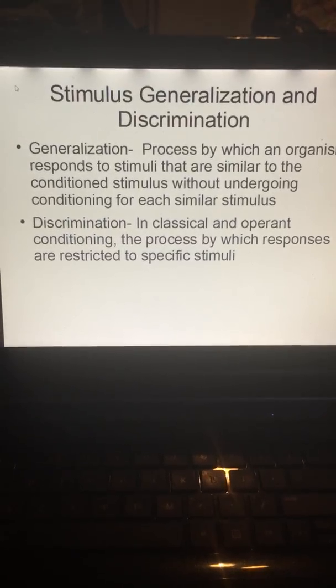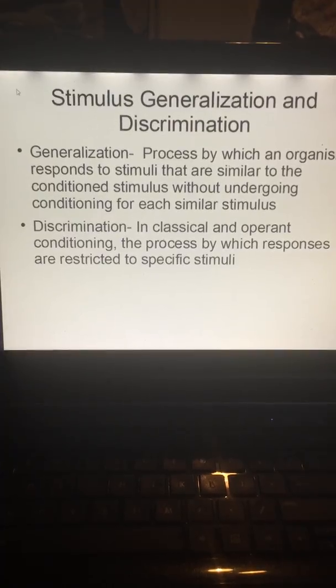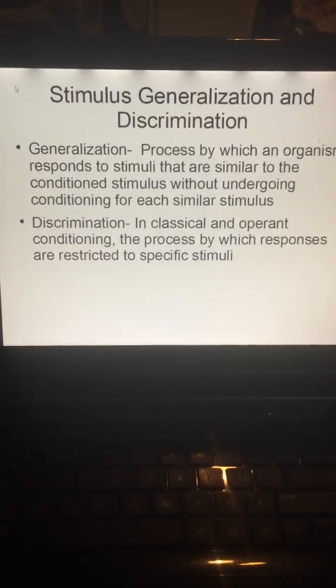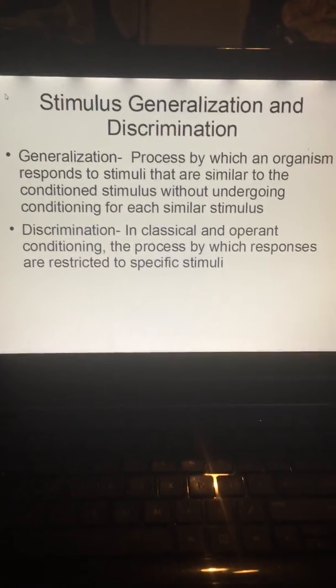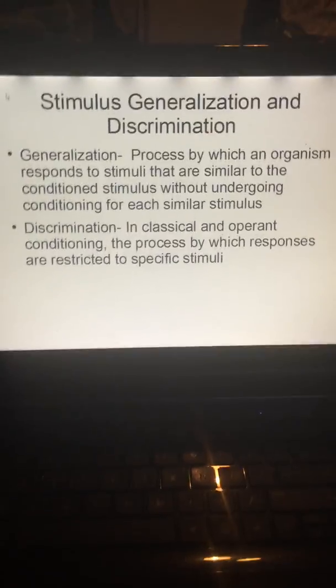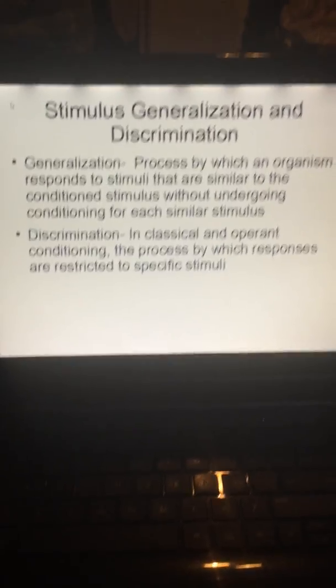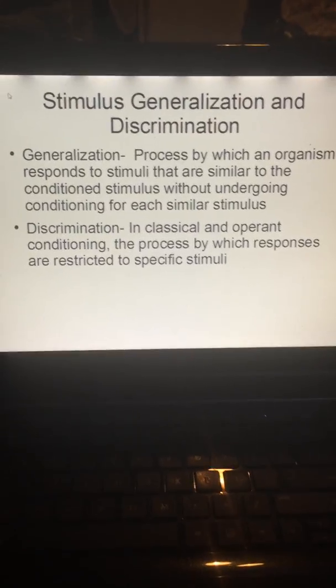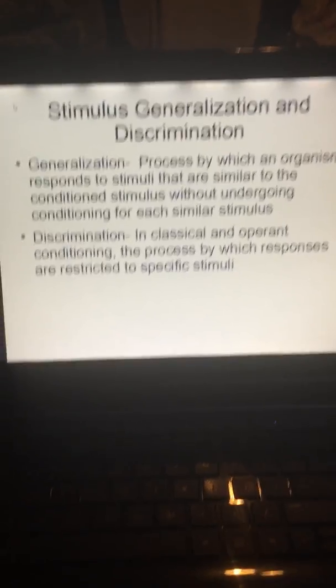In the case of the Little Albert study, Little Albert was conditioned to be afraid of a white rat by pairing it with a loud noise. Now, he didn't just learn to be afraid of the white rat. There's another part of the story I didn't tell you. They presented Little Albert with a white face mask, like a little Santa Claus mask, and a white rabbit. The kid cried for each of them.